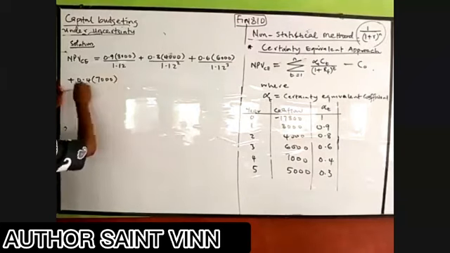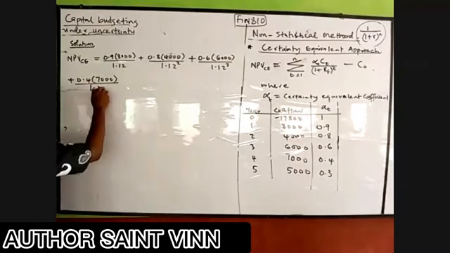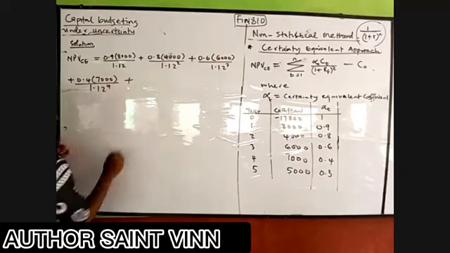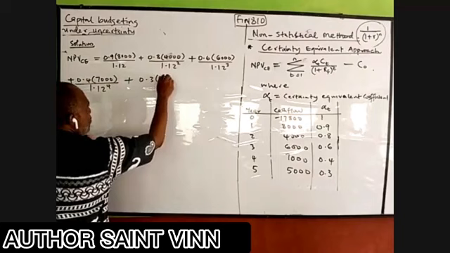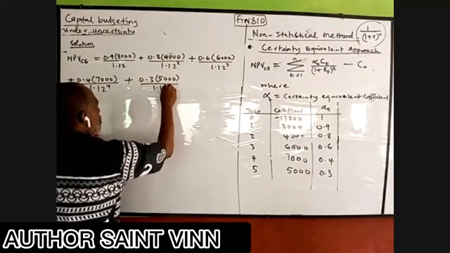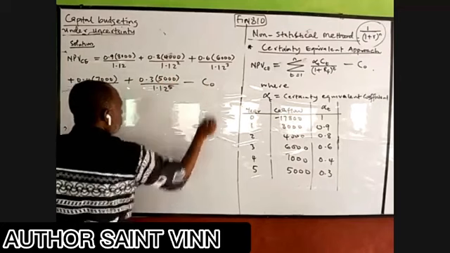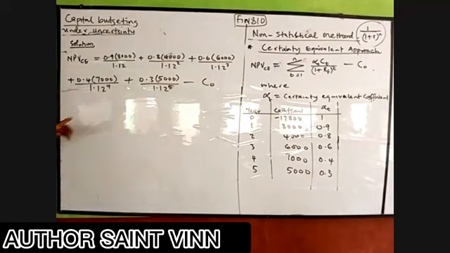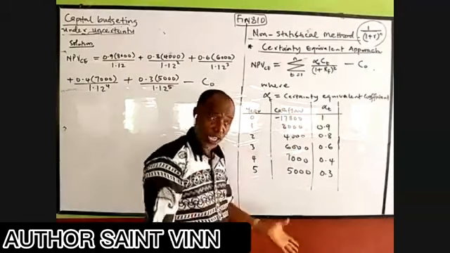You can see we are discounting the cash flow for this. All over 1.12 raised to power 4, plus 0.3 into 5,000 all over 1.12 raised to power 5, minus the initial outlay. I know that CO means 1 times this, which does not change anything.